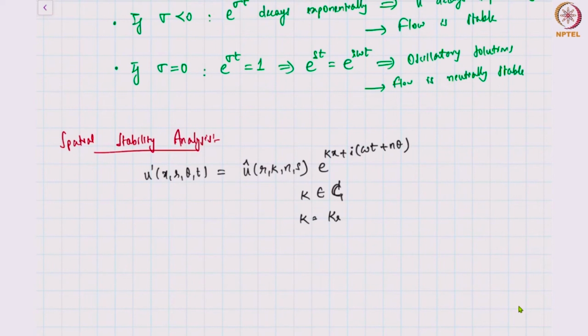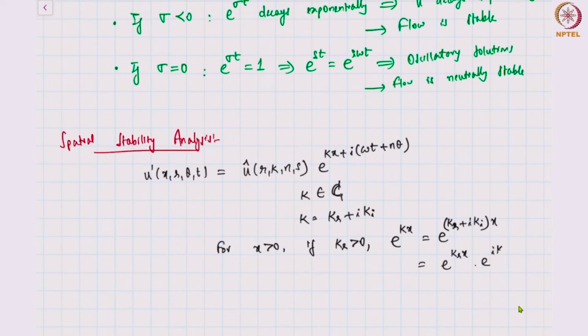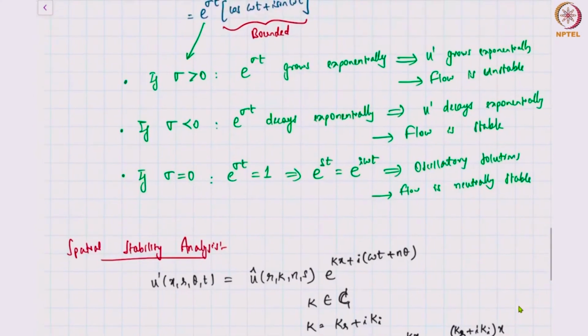So for x greater than 0, if kr is greater than 0, e power kx essentially becomes e power (kr plus i ki) times x, the real and imaginary parts of k times x, and this gives me e power kr x times e power i ki x. So the wave would increase in amplitude as it flows.